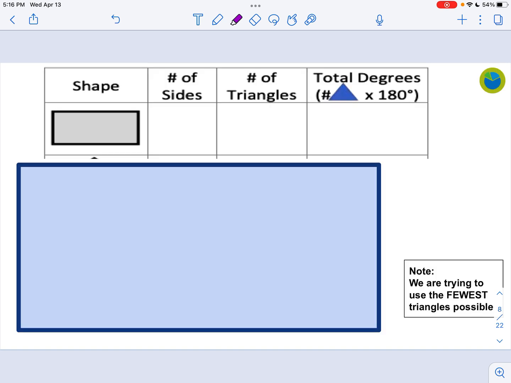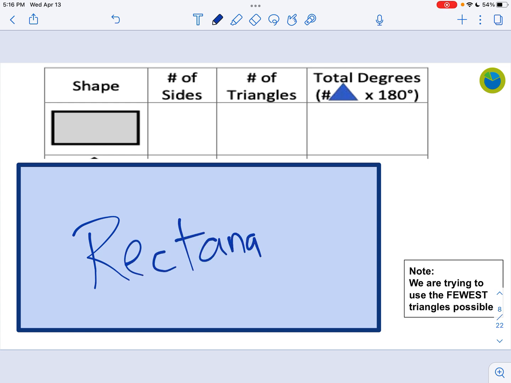All right, this blue shape down below, you know what it's called. It's a rectangle. Yesterday, I gave you a rectangle and we cut it into triangles.